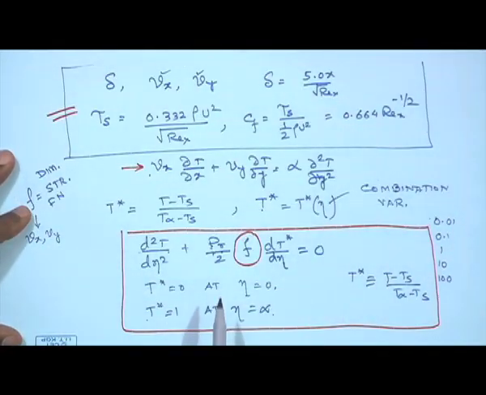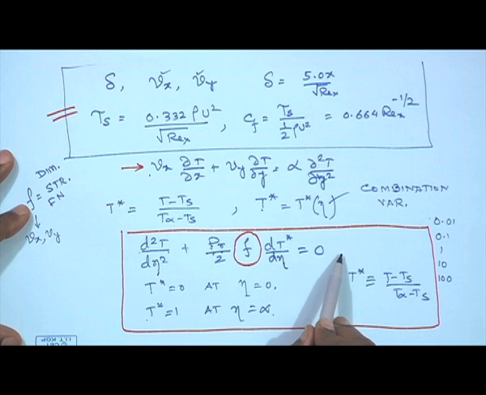So, when I start the thermal boundary layer, I choose a value of eta and I get the value of f if I know the Prandtl number. So, the moment I choose the value of eta and I get the value of f, I should be able to numerically solve this equation.